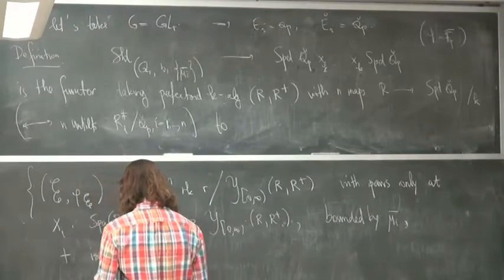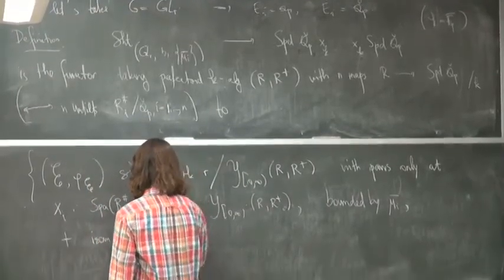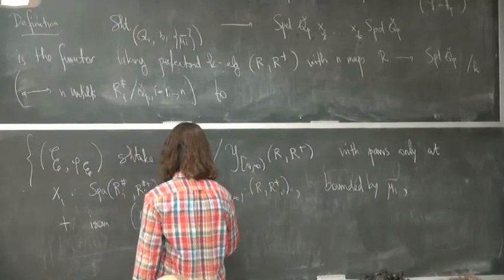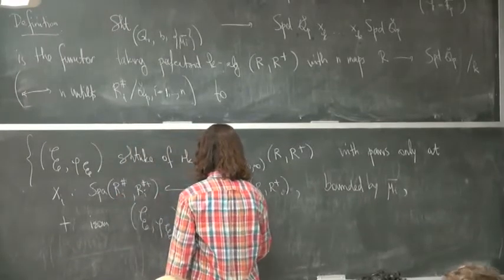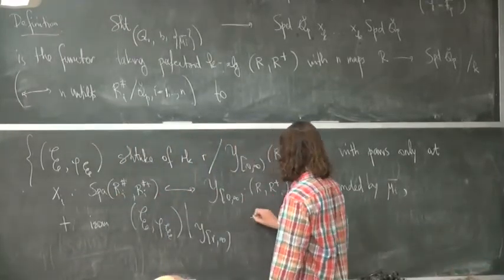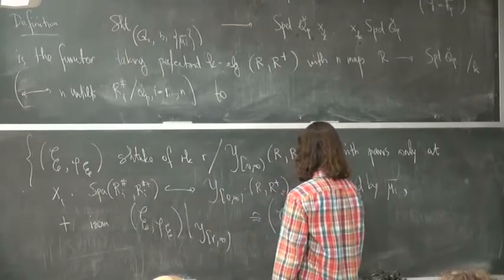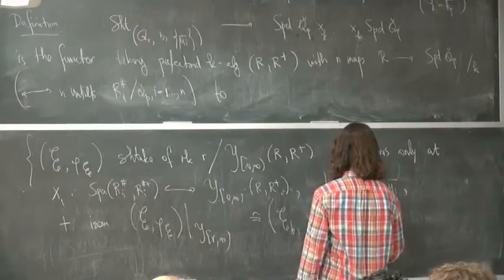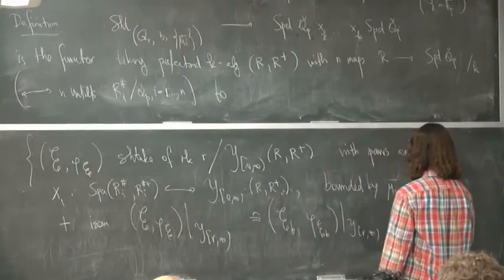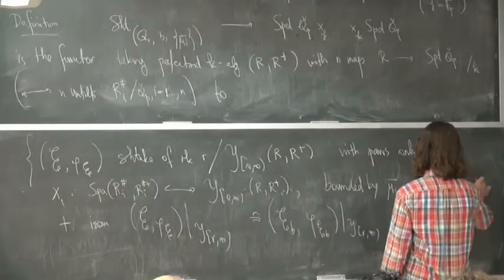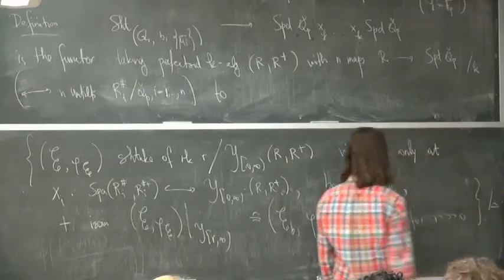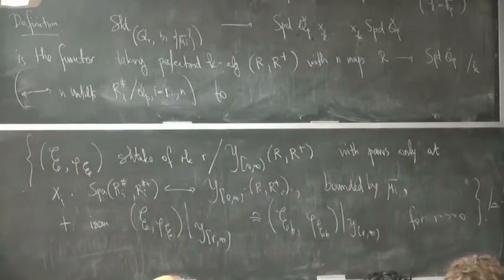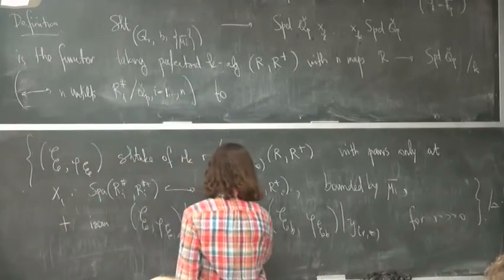And an isomorphism between this object and this fixed E_b, phi_{E_b} over R infinity for any sufficiently large r. In such an R, R^+ thing, right? Yes.